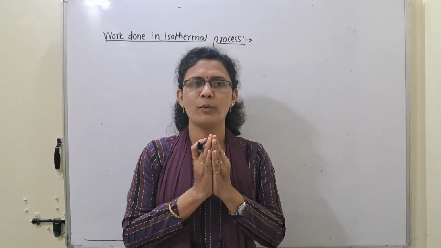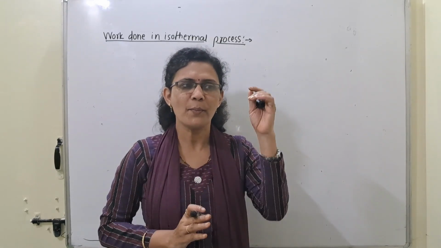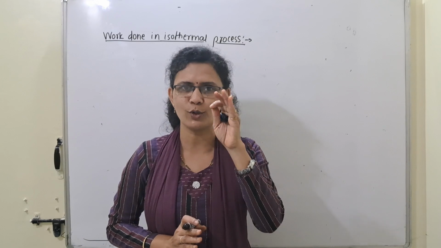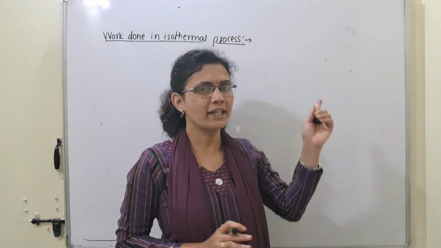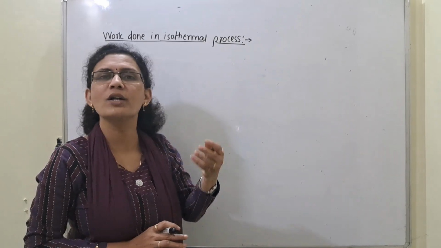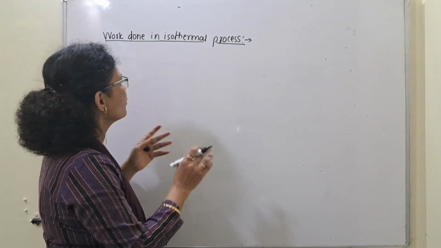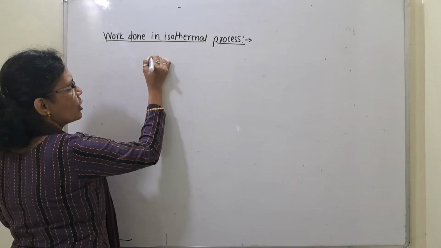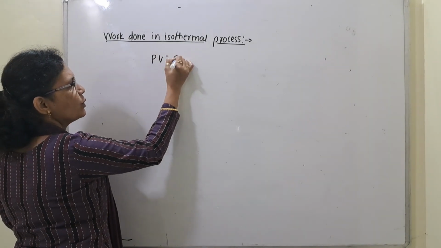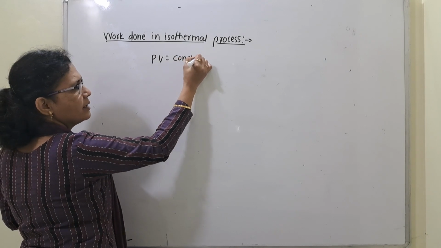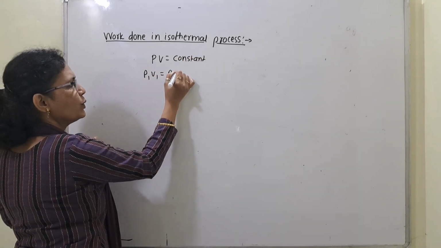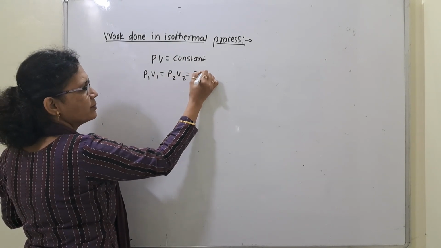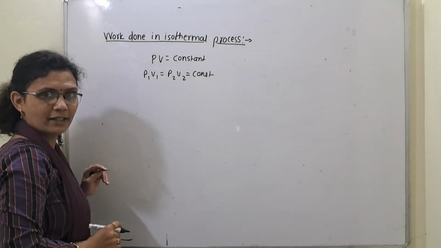Because Boyle's law states that pressure is inversely proportional to volume at constant temperature, and here we have to consider constant temperature. Then according to Boyle's law, PV is equal to constant, right? Means P1 V1 is equal to P2 V2 is equal to constant.